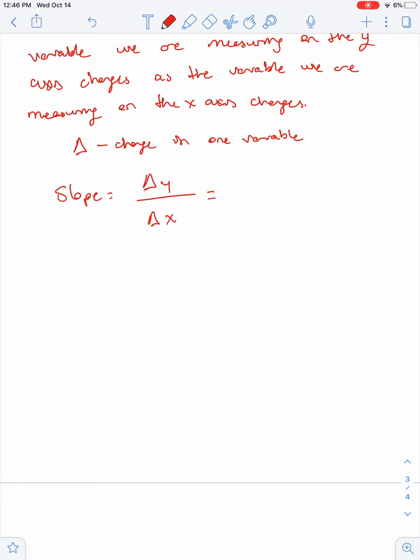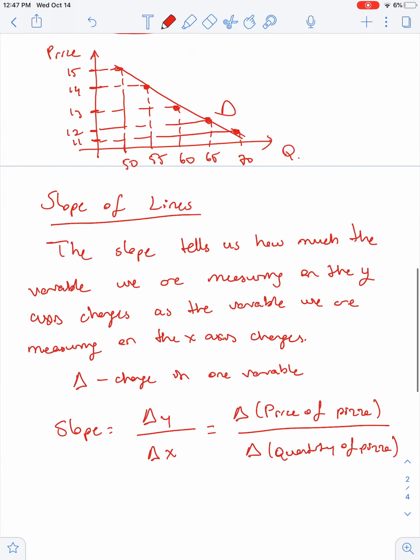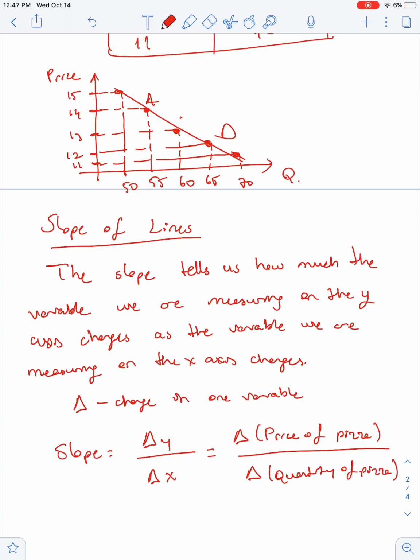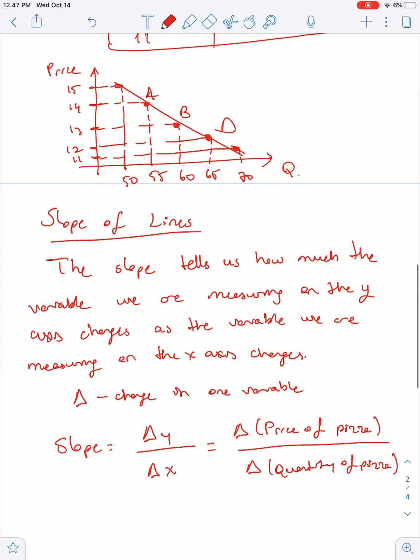In the y-axis we have the price of pizza, and in the x-axis we have the quantity of pizza. You can take any two points in here, let's say from A to B, in order to calculate the slope, how the variable on the y-axis changes as the variable on the x-axis changes.